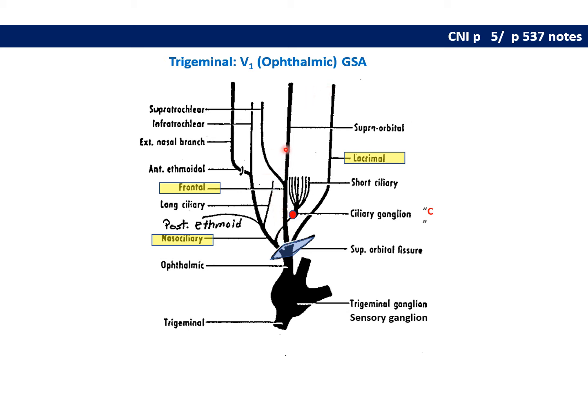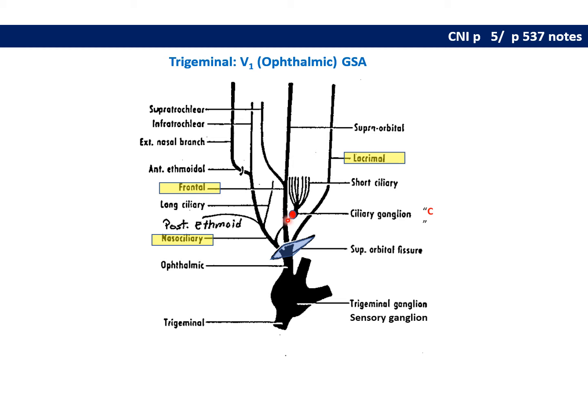The frontal nerve is shown here. Notice that it splits into a supratrochlear and a supraorbital nerve. And then coming off of this last part, this nasociliary, hanging off there is the ciliary ganglia.